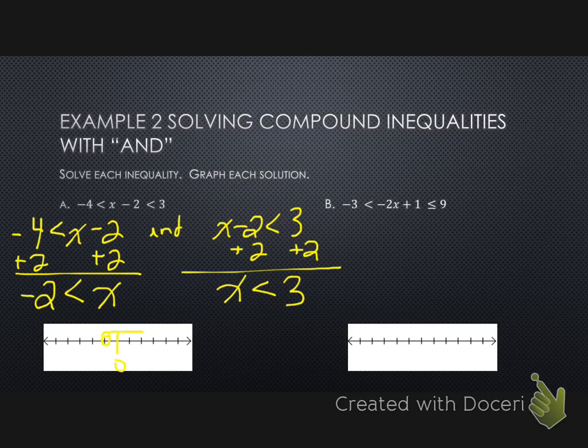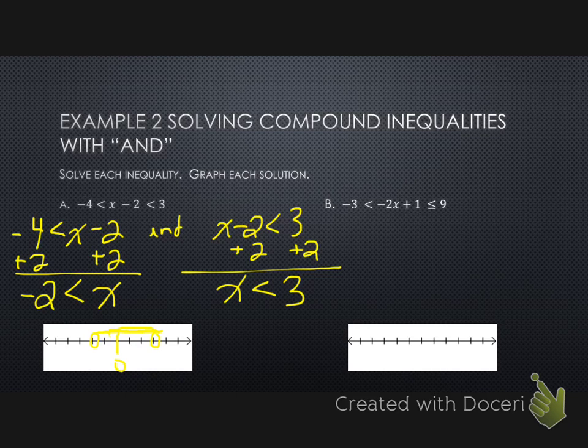And then we have another open circle at 3, and x has to be less than that. Open circles from negative 2 to positive 3.